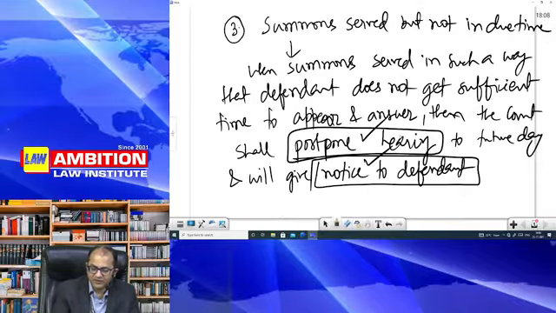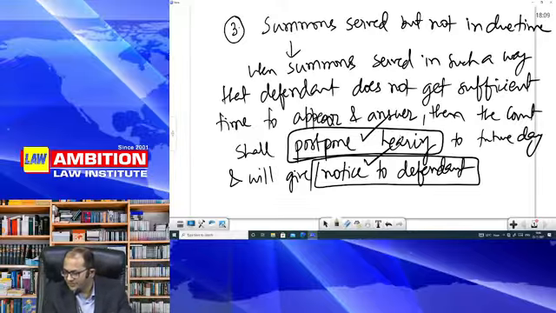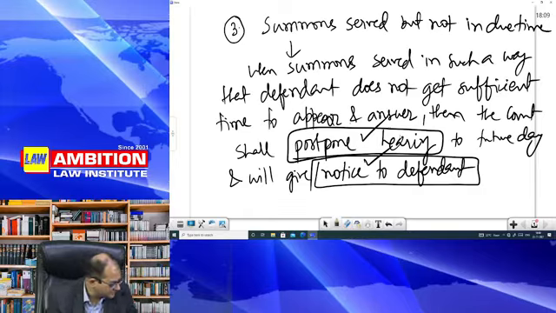Summons served but not in due time, so we will give time, no issue, and we will give notice to the defendant to appear. This is commonsensical. Is this clear?